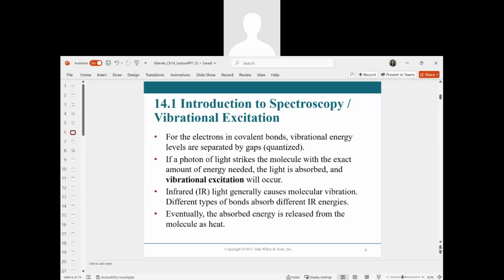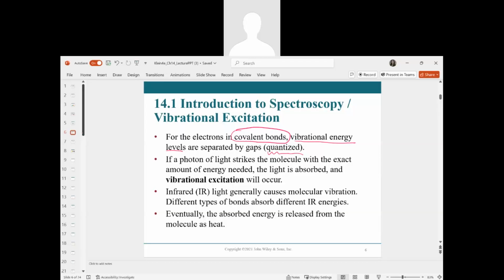So when we talk about these vibrational energy levels that are quantized, when we have a covalent bond, a bond that has electrons being shared, we can add energy and cause a type of vibration depending on the amount of energy that is added.